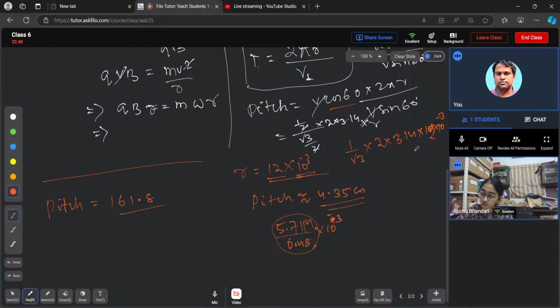Now, if you are multiplying root 3, you can use 1.73.